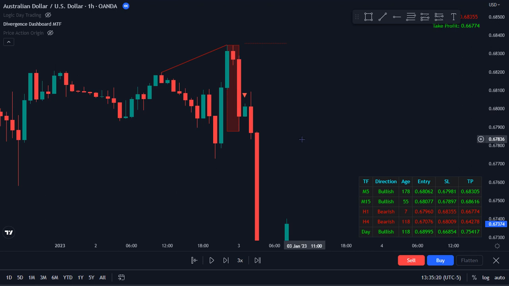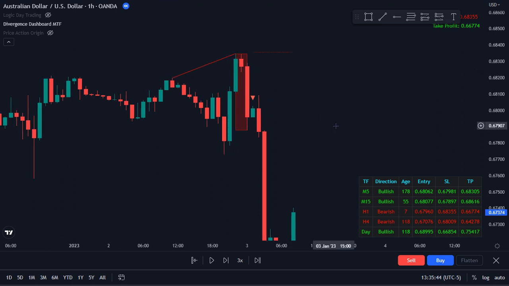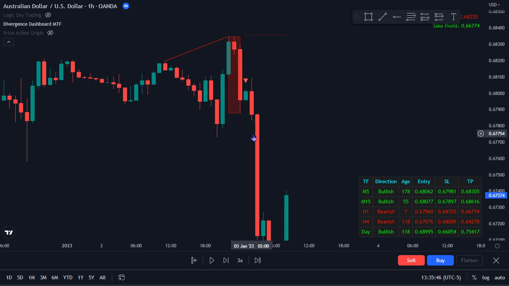Of course, we do have the Divergence Solution indicator as well, but for this one I just want to use the dashboard because it's very easy to see and easy to read. In this instance, it spots the bearish divergence and draws out the zone, with this high relative to this high, with just normal divergence playing out.